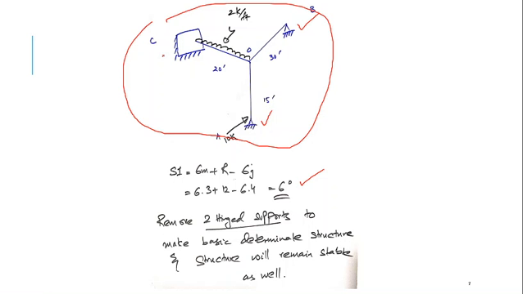I could have removed this as well, but this would be no good for the structure, because the structure would be rendered unstable, because this support is capable of taking all the moments and torsions. So that's why it's better to keep this support, and it's always a good option to remove these two hinge supports to make the structure determinate.